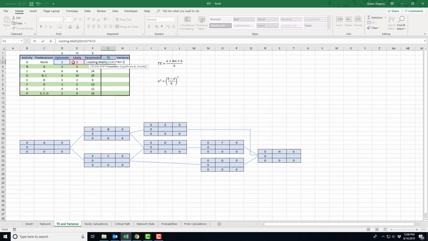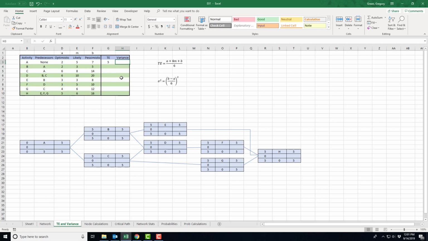In cell E3, the most likely occurrence is given for node A. F3 for activity A, that's the pessimistic time. I'm going to close that, so we'll add them all up first, and then I'm going to divide by 6. Okay? And that gives me my ceiling. Now, if you're not seeing that, pause the video, go back and watch it again. Do it over and over again until you've got it down.